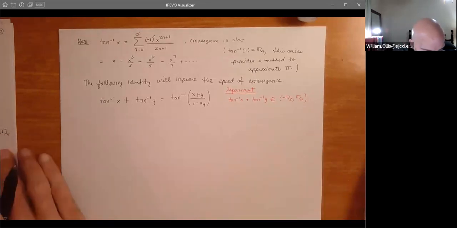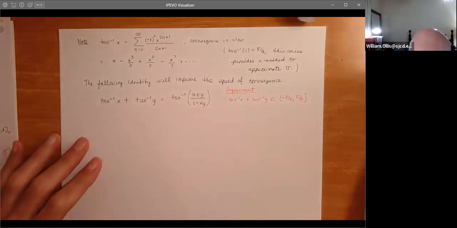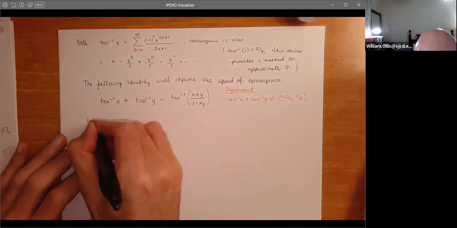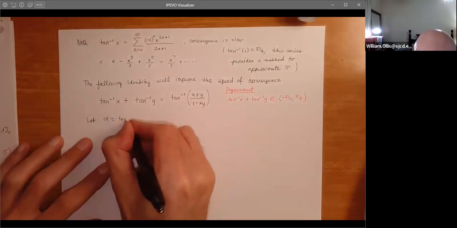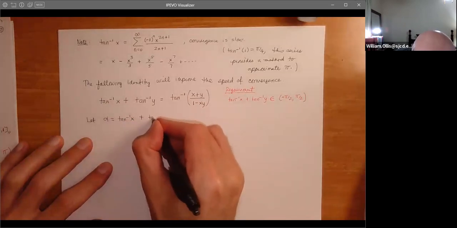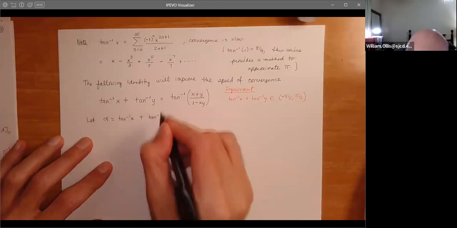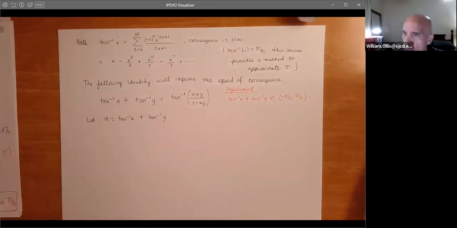So now what you can do here, this is a simple proof. I'll just kind of sketch it out. For instance, if you let alpha equal, I think this will work, the inverse tangent of x plus inverse tangent of y. You kind of look at it and say, well, that looks like the sum formula, the addition formula for tangent. And that's what that is right there if you look at it.